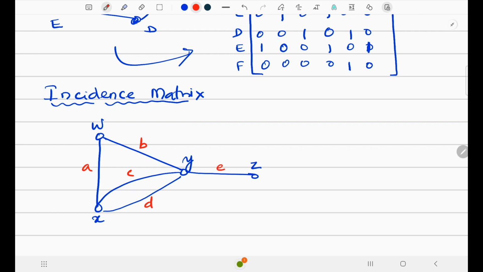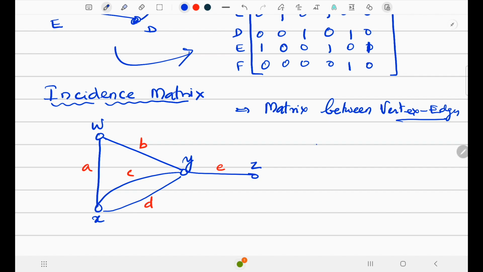So here, keep in mind the incident matrix is a matrix between vertex to edges. Previously the adjacency is the matrix between vertex to vertex, incidence is a matrix between vertex to edges.